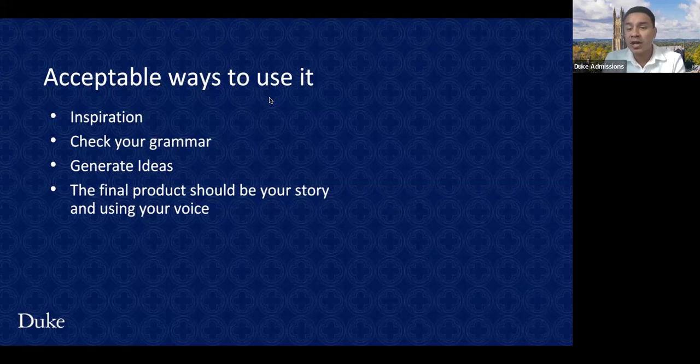There's a good New York Times article that talks about this that I read. It's about the difference in writing your own essay and letting a platform or a product like ChatGPT write it for you.